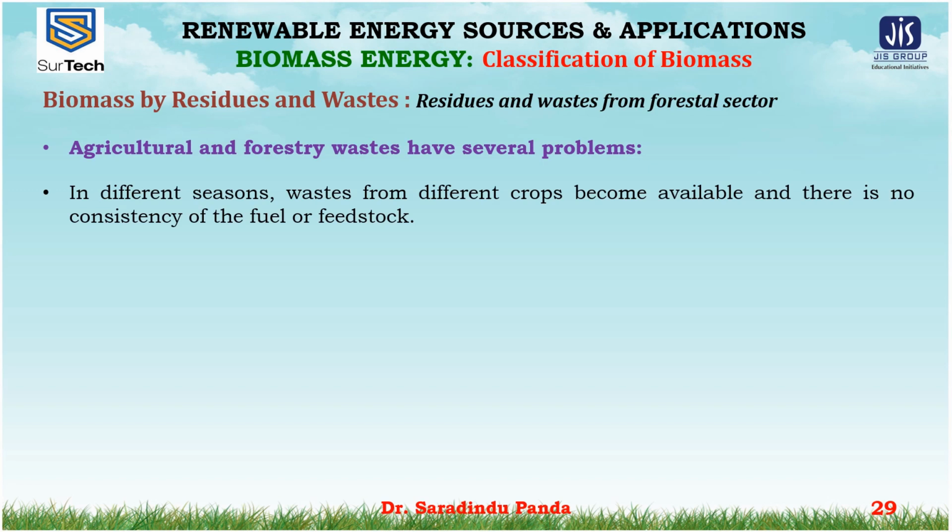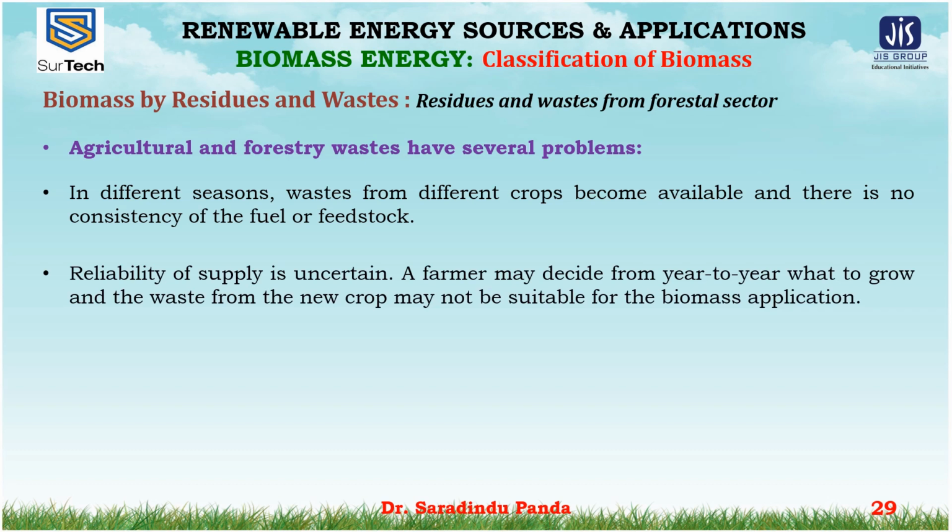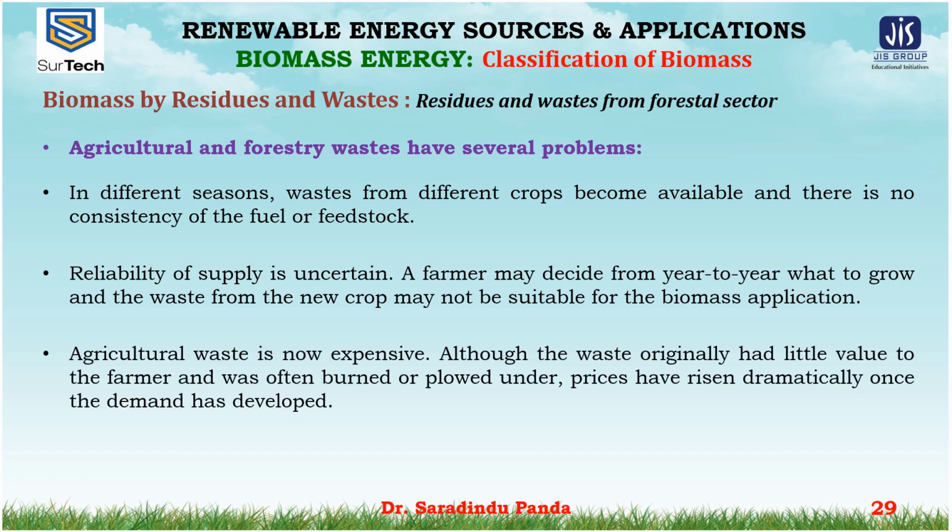In different seasons, waste from different crops becomes available and there is no consistency of the fuel or feedstock. Reliability of the supply is uncertain. A farmer may decide from year to year what to grow, and the waste from the new crop may not be suitable for the biomass application.